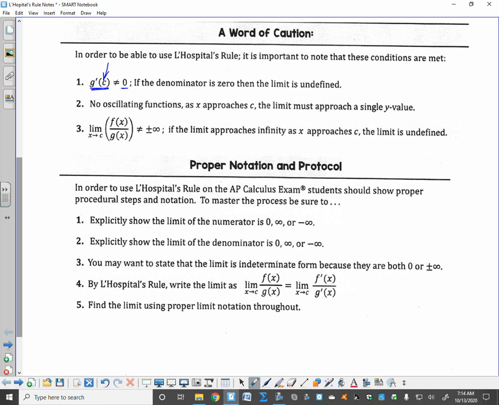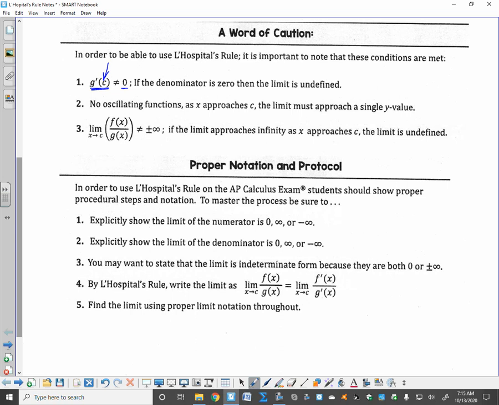Then the limit becomes undefined. Oscillating functions, this does not work because you're not approaching a single value. If the limit approaches infinity as x approaches c, the limit is undefined. We'll talk about that. We've got some examples for that.